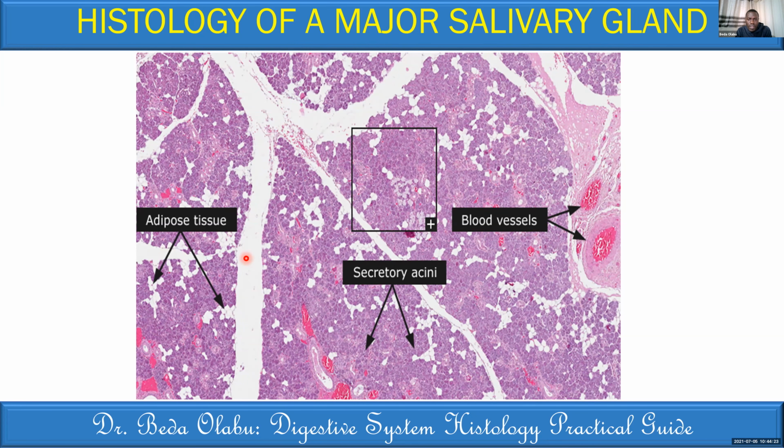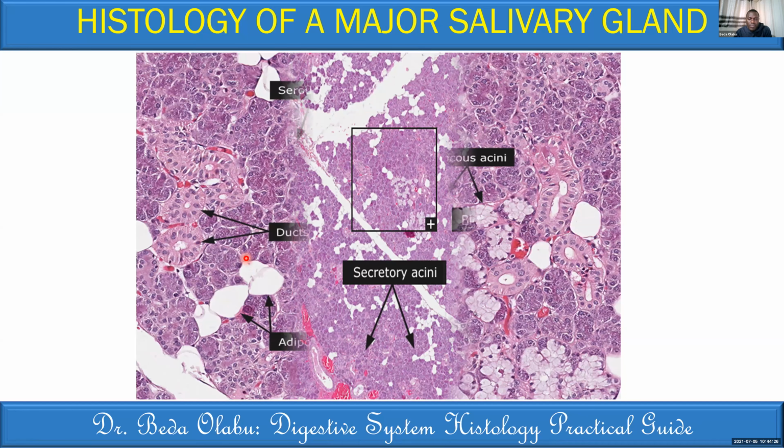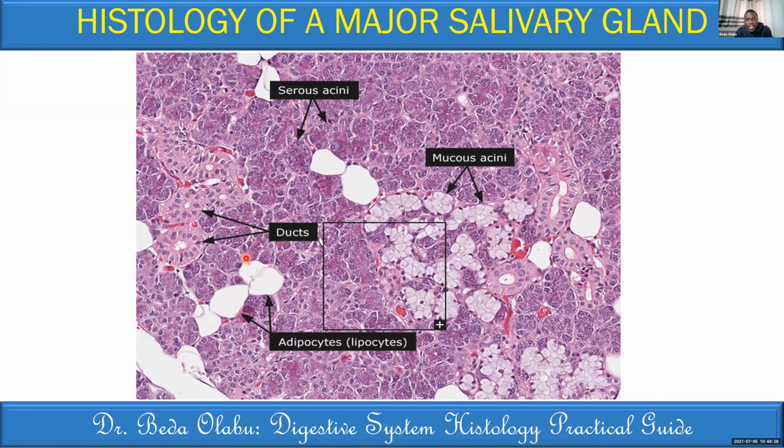At a high magnification, we recognize a number of things which are within the parenchyma of a salivary gland. The parenchyma contains histological structures organized in the form of acini. Acini are basically exocrine glands.